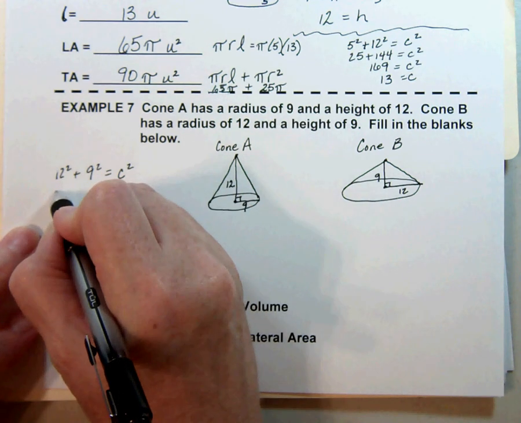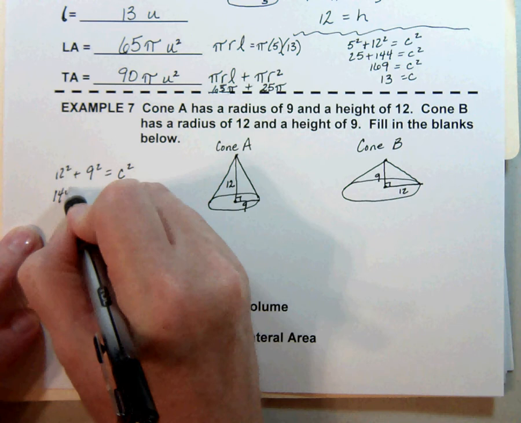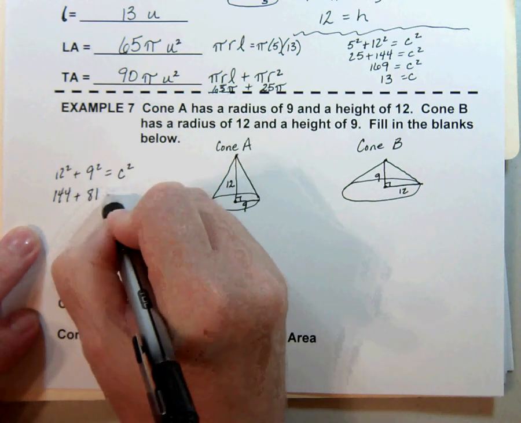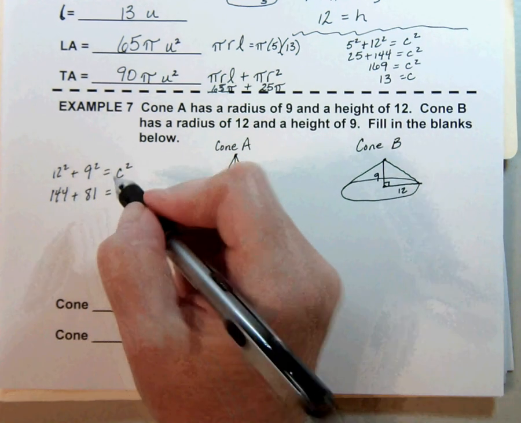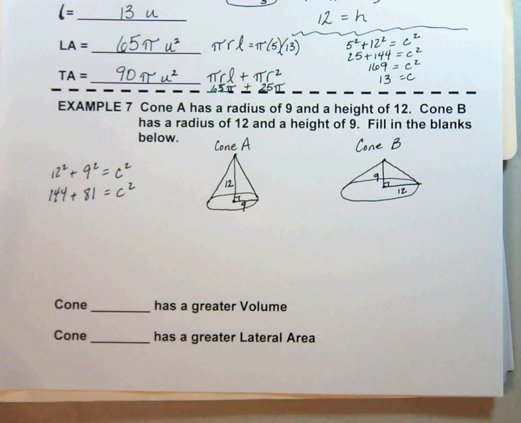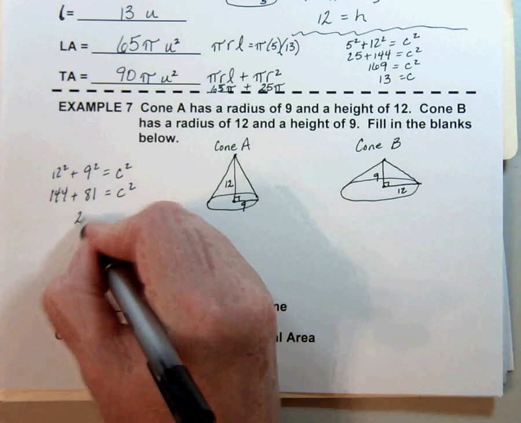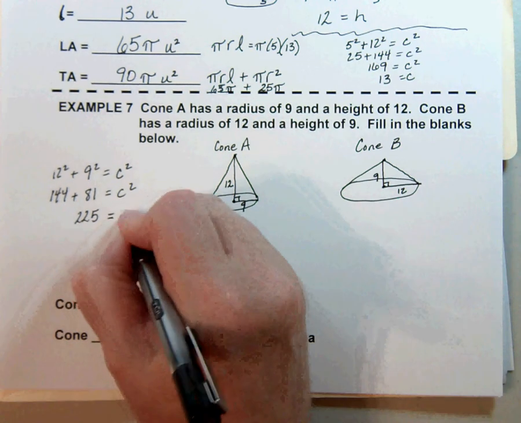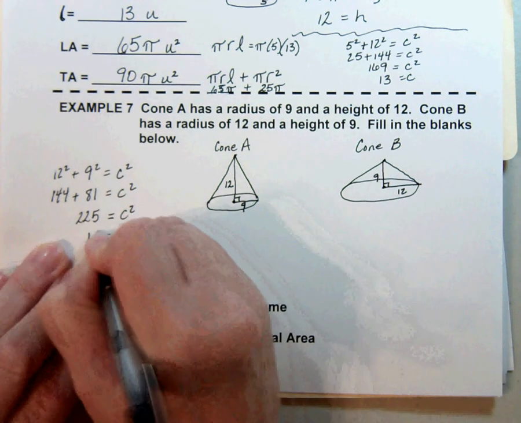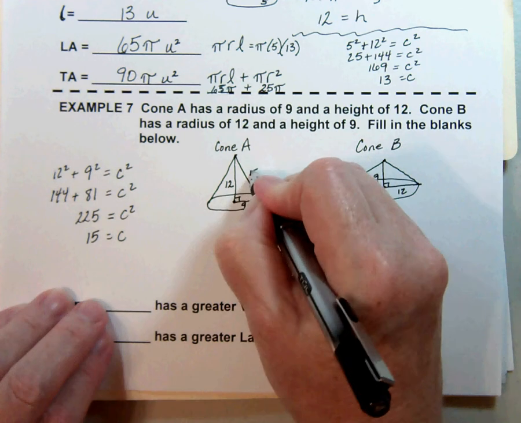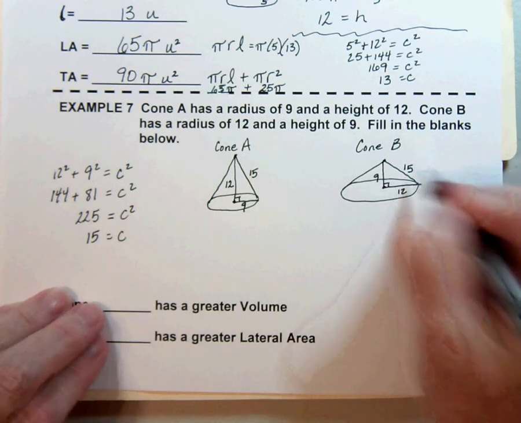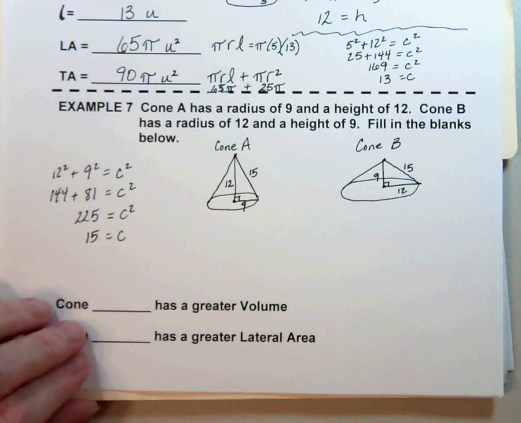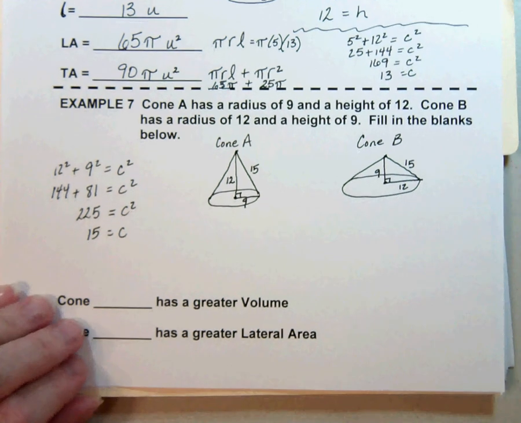That's 144 plus 81. Make sure I do this right. Yep, 225. The square root of 225 is 15. So the slant height on both of these, let's label them as 15s. But you do have to do the Pythagorean theorem to get the slant height.